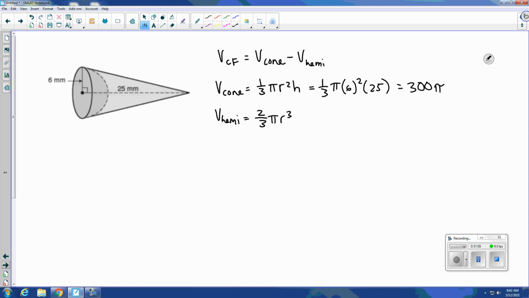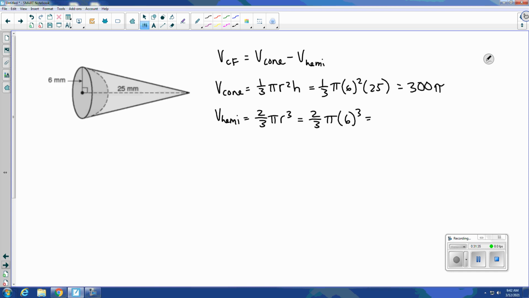Do we have a radius for the hemisphere? Yes, we do. It doubles as the radius for the cone as well, as we saw before. So 6 cubed. So 6 cubed is 216.